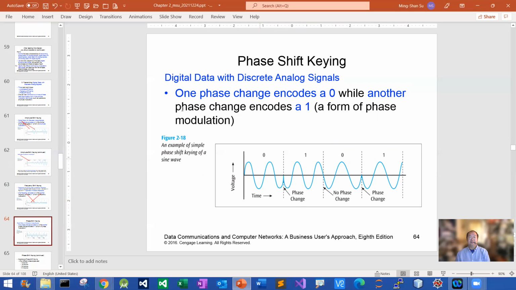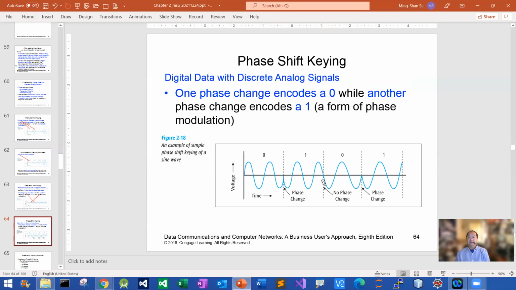And then again, we can use this technique to say that if there is no phase change, we encode a value of 0, while with a phase change, we encode the value of 1. So if we use this one as the value to represent digital value of 0, then when there's a phase change, this signal represents a 1.